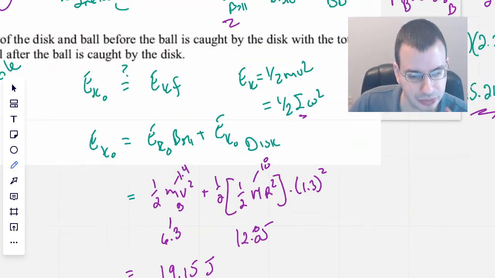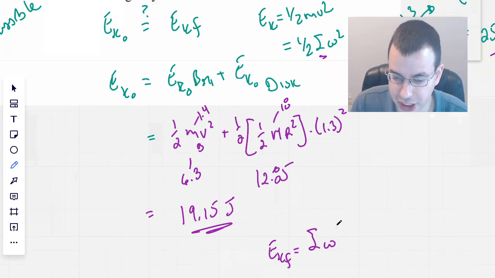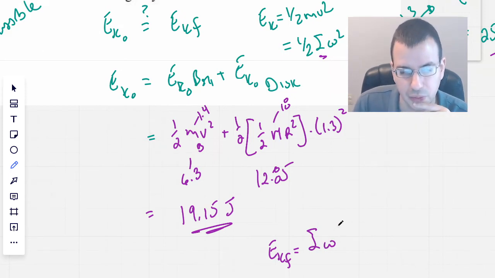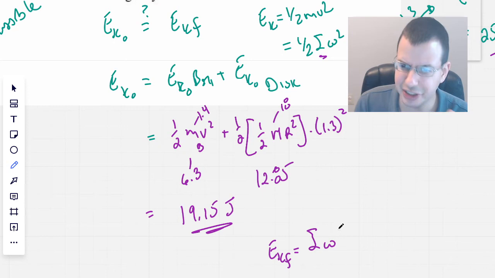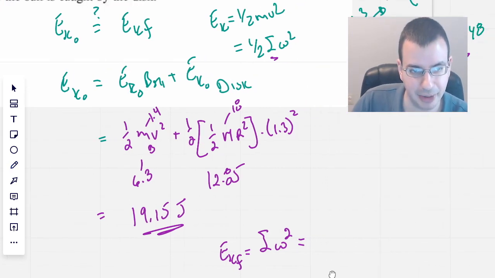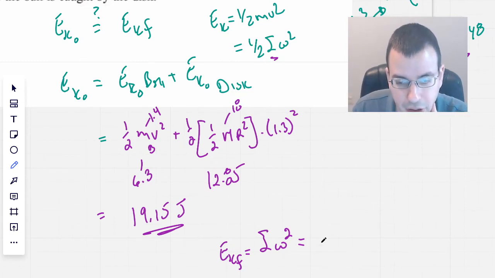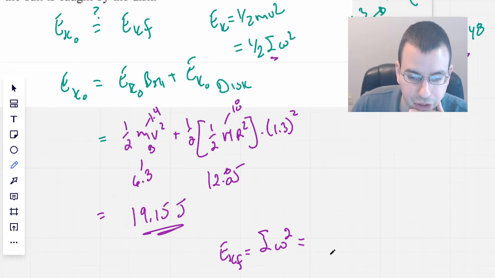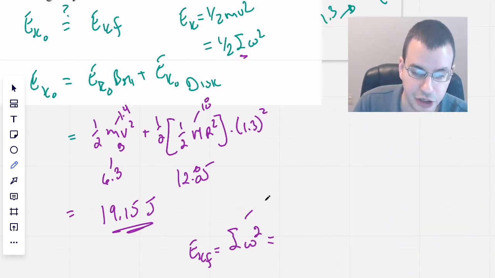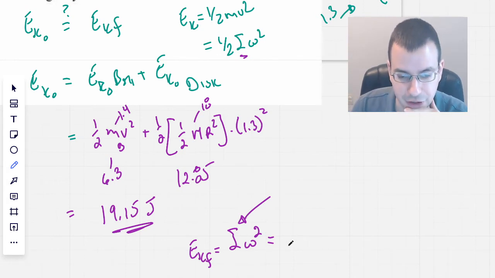Okay, now I want to find the energy kinetic final. This time we'll have to use the rotational one because it's easier, since they're rotating together. We could actually use the linear by converting the ball back to linear, but not worth it. So the moment of inertia here is just going to be the sum of the two moments of inertia because they're moving at the same speed.